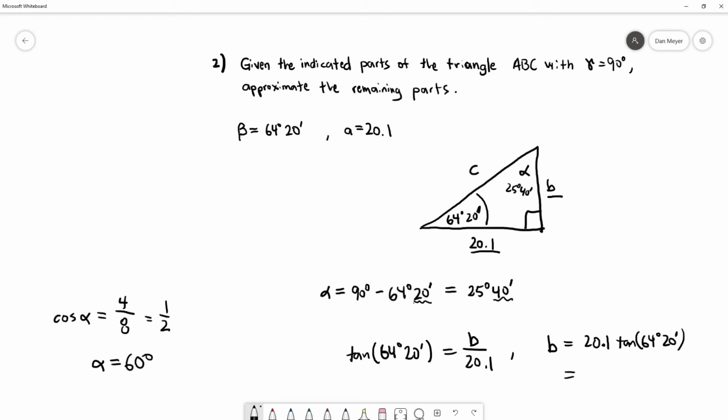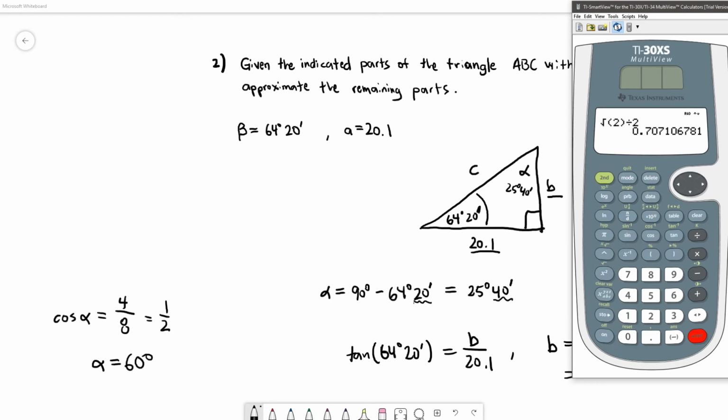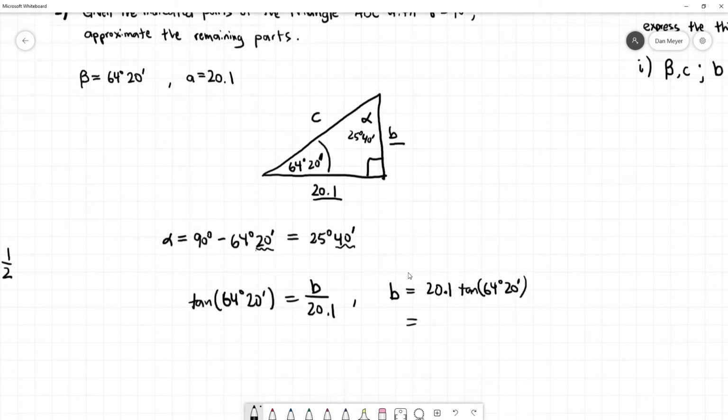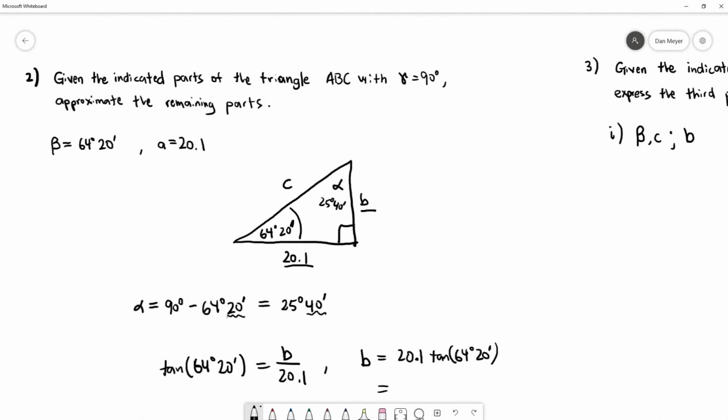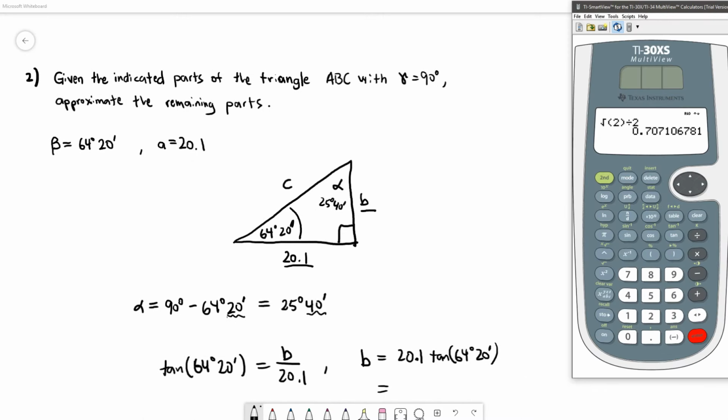Now here's where I'm going to just use my calculator. Let's get this screen a little bit further over here. All right, so 20 minutes is the same as 20 divided by 60 degrees.